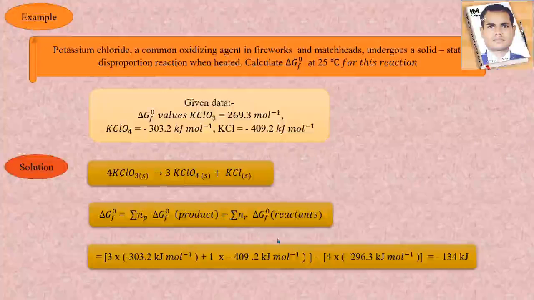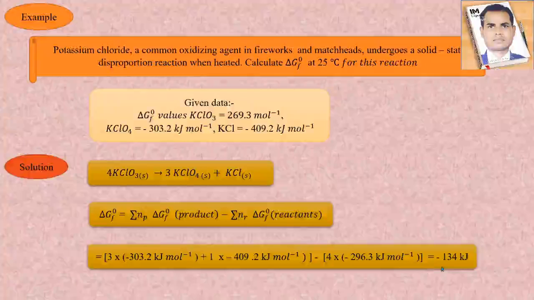The next one is minus the summation of the reactants, that is 4 KClO3, so 4 into the value for KClO3, that is minus 269.3 kilojoule per mole.